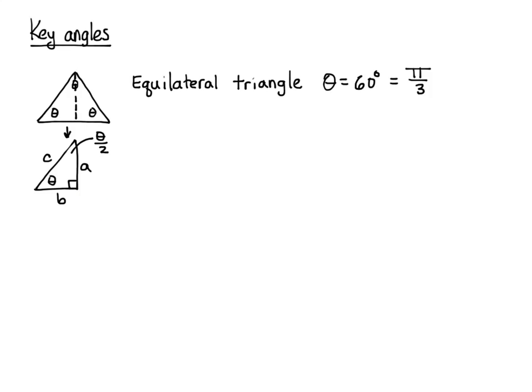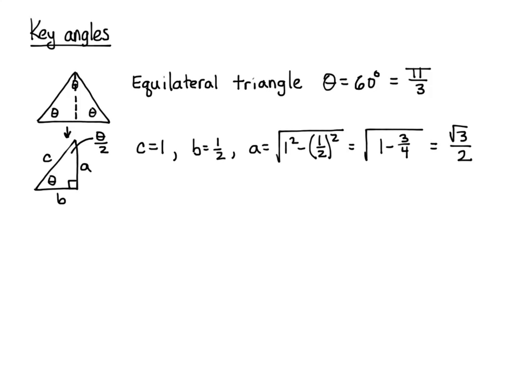And so if we do the math around here, notice that with an equilateral triangle all the sides are the same, and so here we have C equals 1, B, since we've cut this thing in half, B is going to be 1/2, and then we can figure out what A is by using our Pythagorean formula, and we get square root of 3 over 2.